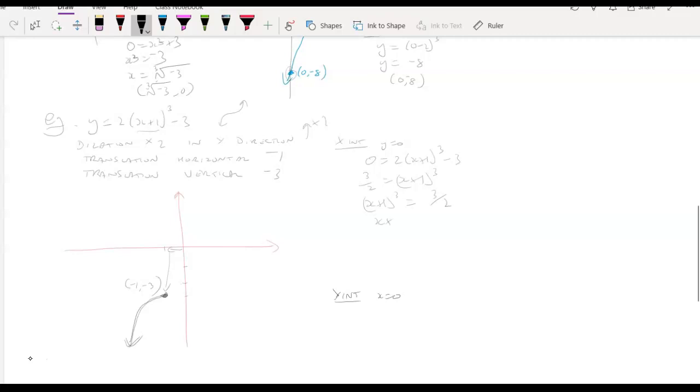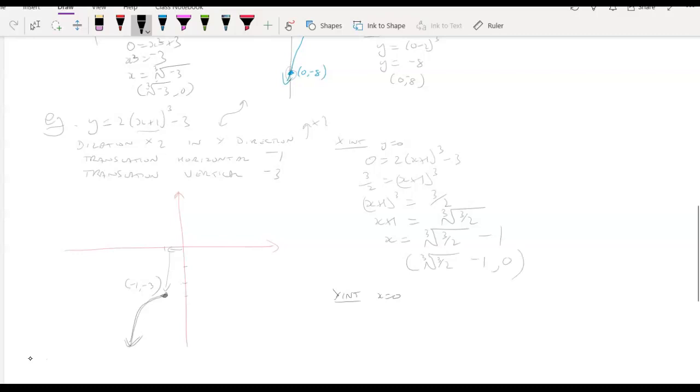Cube root both sides, cube root of 3 on 2, subtract the 1. x equals the cube root of 3 on 2, subtract 1. You should write that in an ordered pair. You could put the minus 1 in front of that cube root. Probably some people would do that.